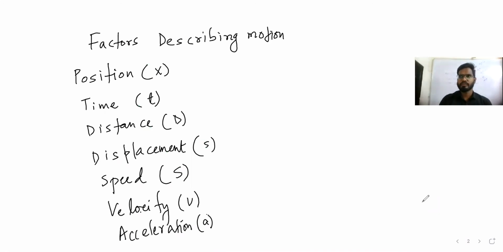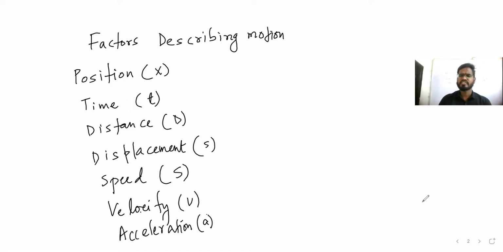The things which describe motion are position, time, distance, displacement, speed, velocity, and acceleration. Let's repeat once more: position, time, distance, displacement, speed, velocity, acceleration.